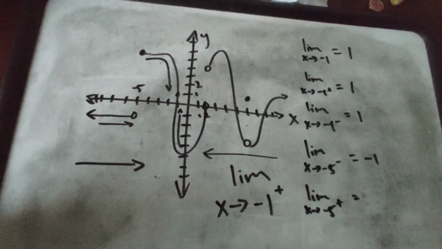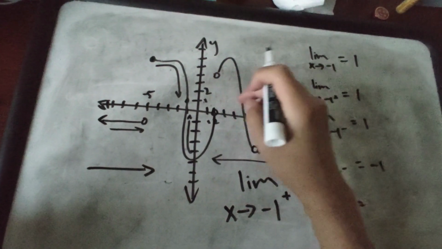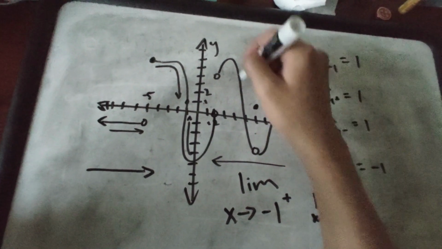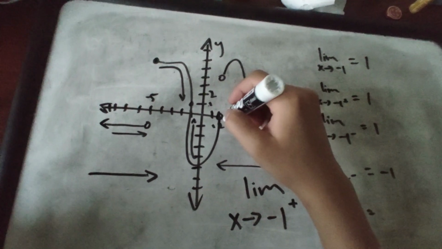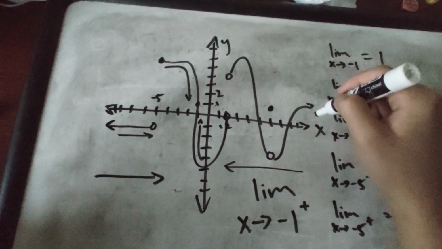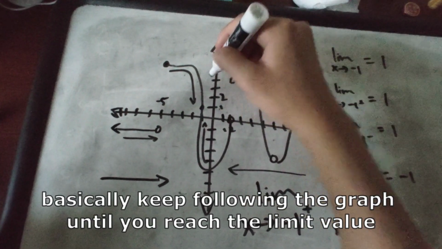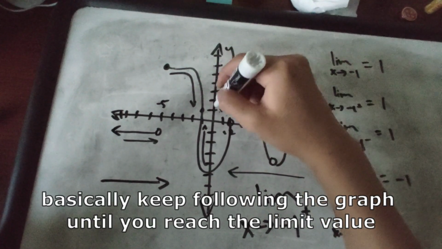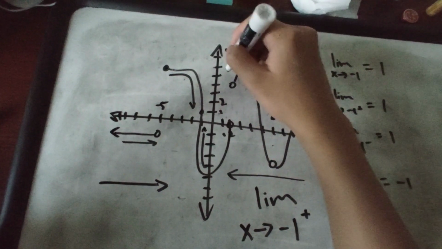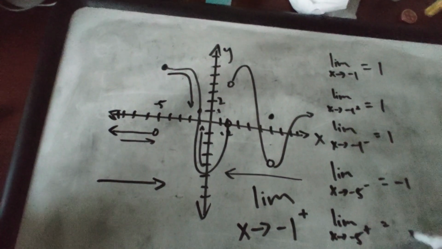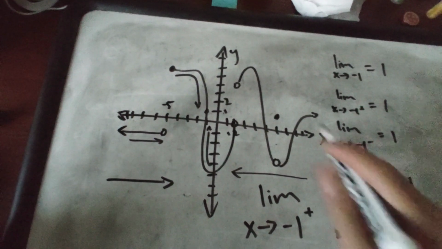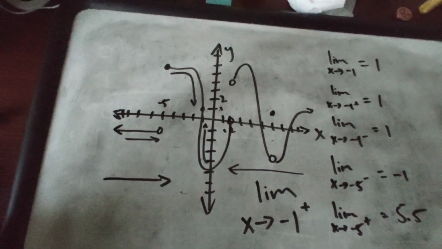And just to point out, if there's a break in the function, that's not where it stops, you just hop onto the other section of the function. So you go from here, then you jump to here, and you just continue on. As x approaches -5, it gives us the value of 6 for y, or it's actually more like 5.5. So you can see that there are different values here.